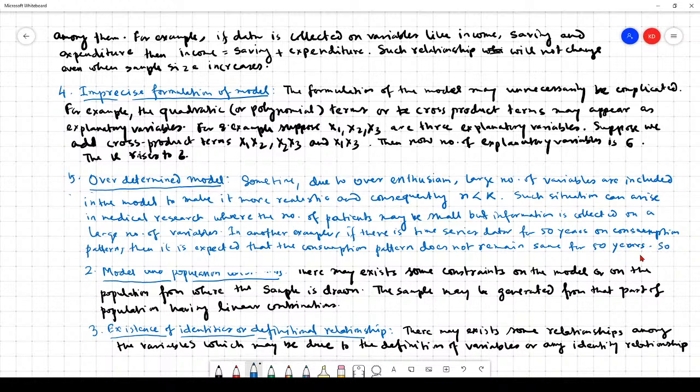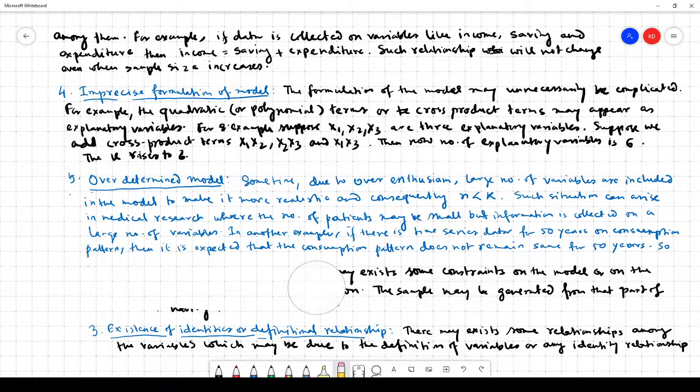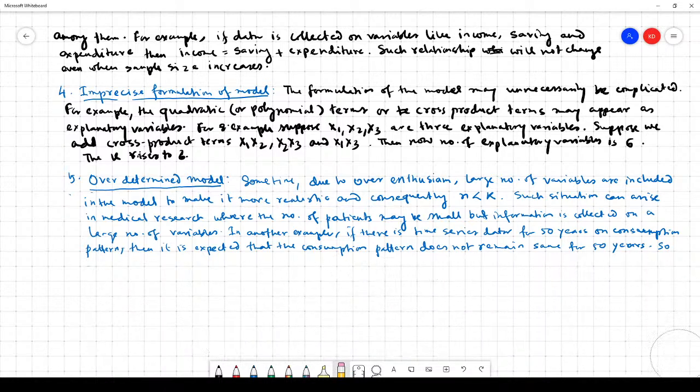So a better option is to choose a smaller number of variables, and hence it results in n less than k.